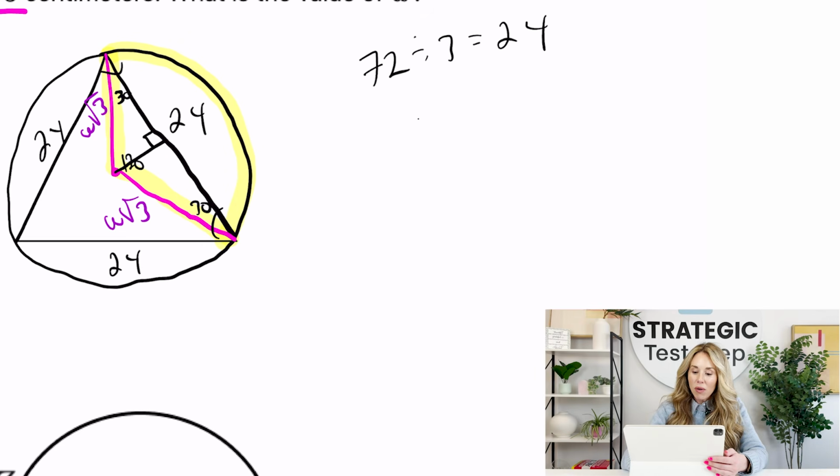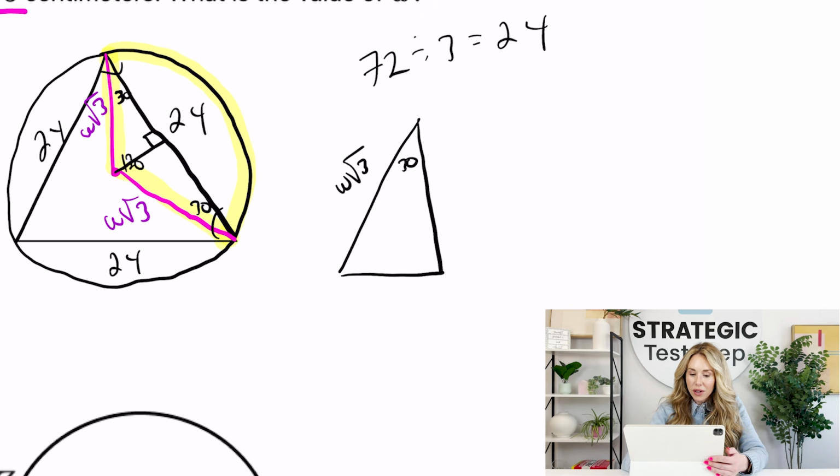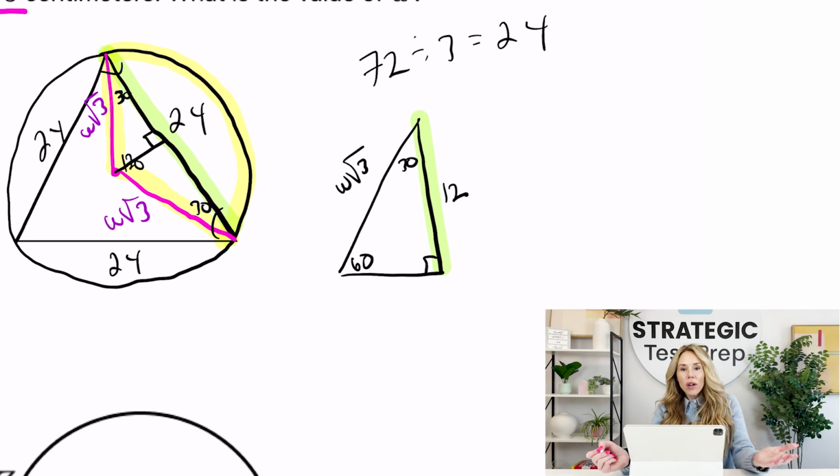So let me blow up that right triangle that we've got over here. This is Pi, this is 30, and then this has got to be 60. Okay. If the whole thing was 24 over here on the side, that means that this is going to be 12.